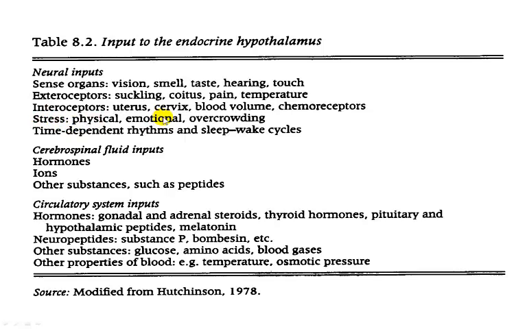Okay, then the stress, the physical, emotional, or overcrowding, time-dependent rhythms and sleep-wake cycles, cerebrospinal fluid inputs such as hormones, ions, other substances such as peptides, and then circulating system inputs such as hormones, gonadal and adrenal steroids, lipid-soluble, so they go right through the blood-brain barrier.